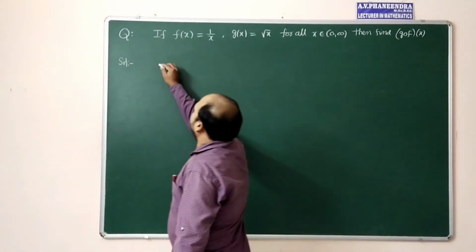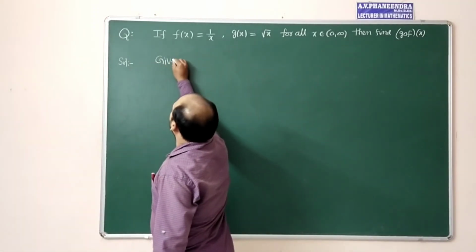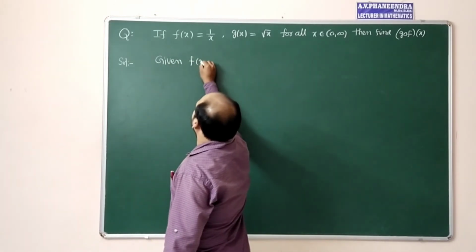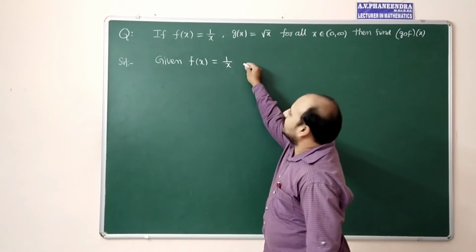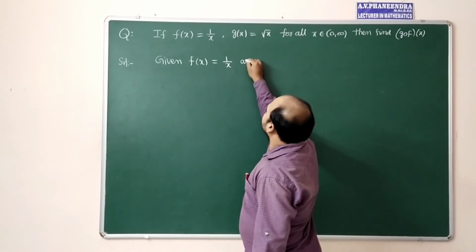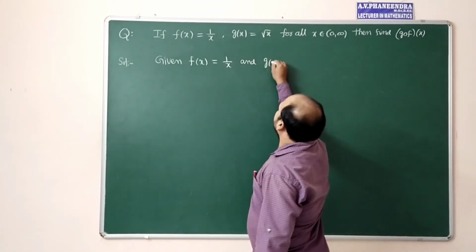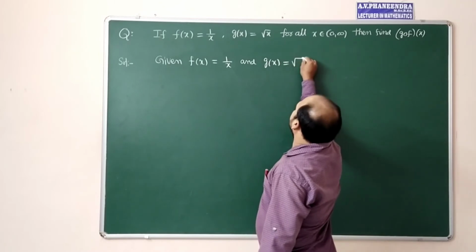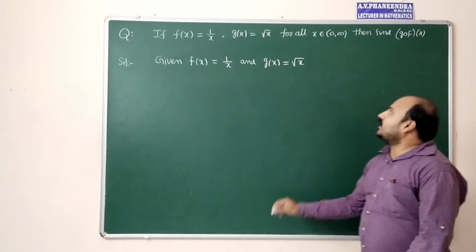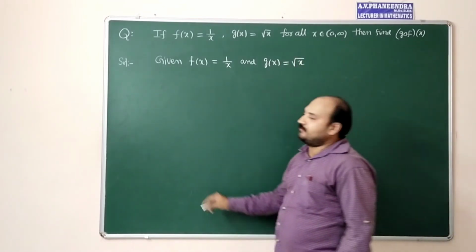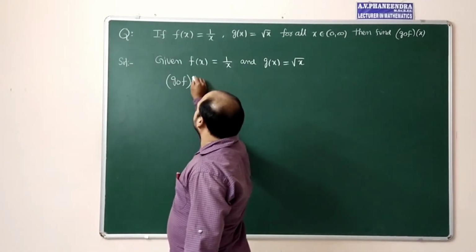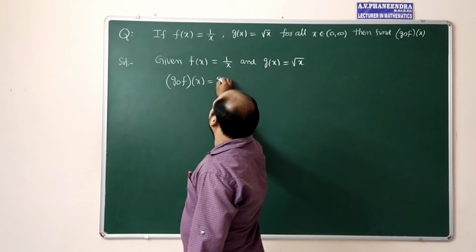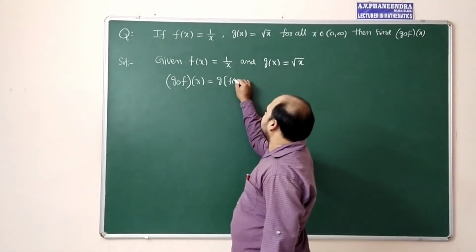So first step, given f of x equal to 1 by x and g of x equal to root x. After that, they ask you to calculate g circle f. So g circle f of x is equal to g of f of x.